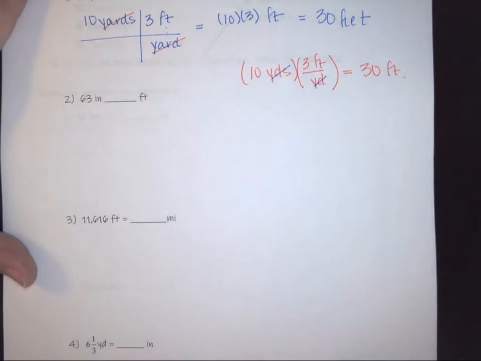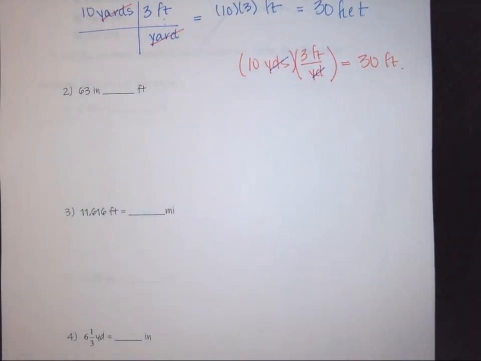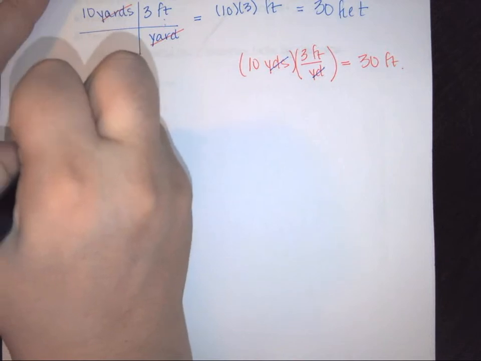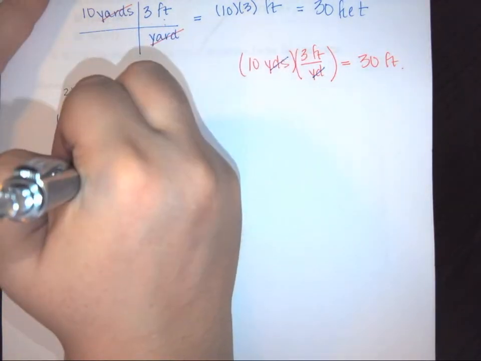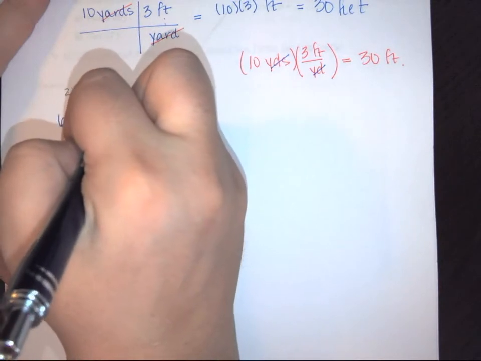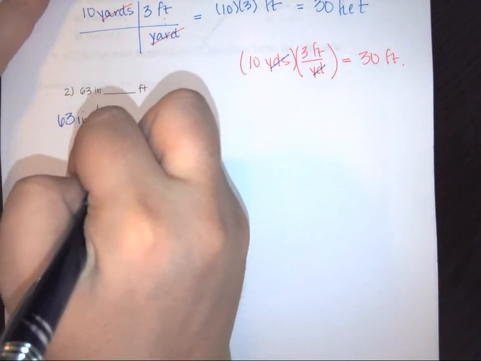Alright, let's look at another one. So here I have 63 inches and I want to know how many feet. So I start with my 63 inches. And then I know that for every foot there are 12 inches in a foot.